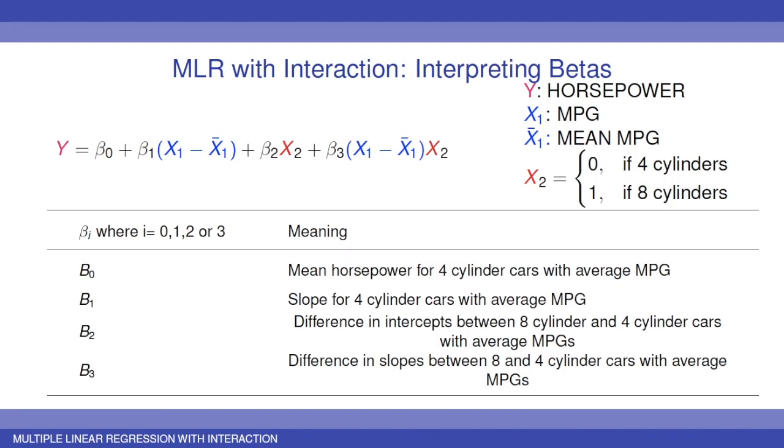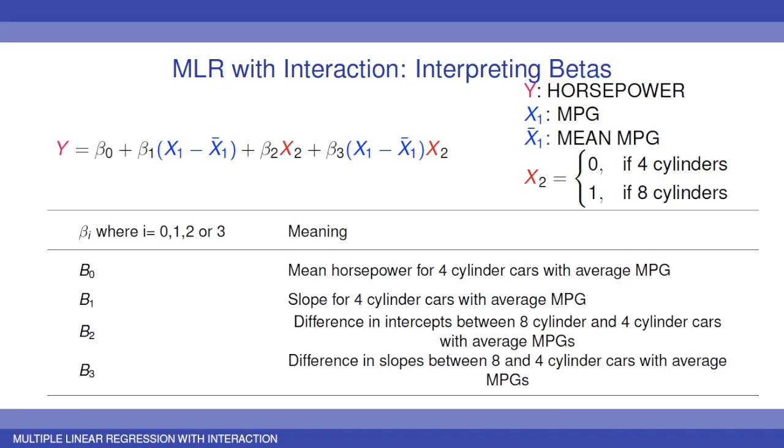For this particular model, it is helpful to think in terms of a baseline group. The baseline group is the group for which all the independent variables are equal to 0. Let's imagine for a moment that we have mpg uncentered, just so you understand the concept of baseline groups. So in the uncentered case, the baseline would be the group in which mpg is 0 and x2 is 0.